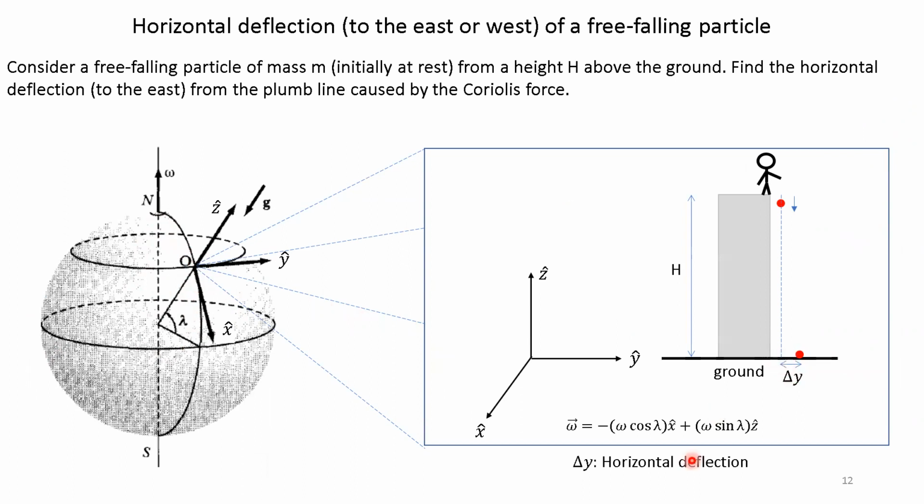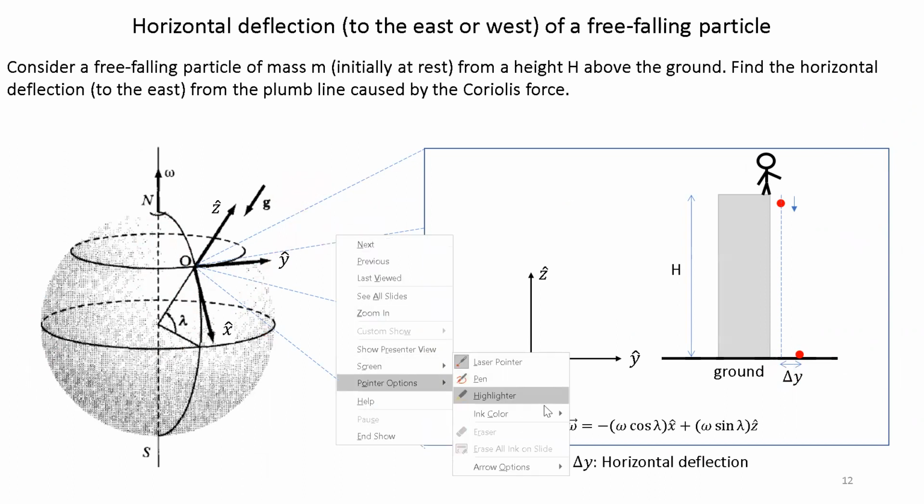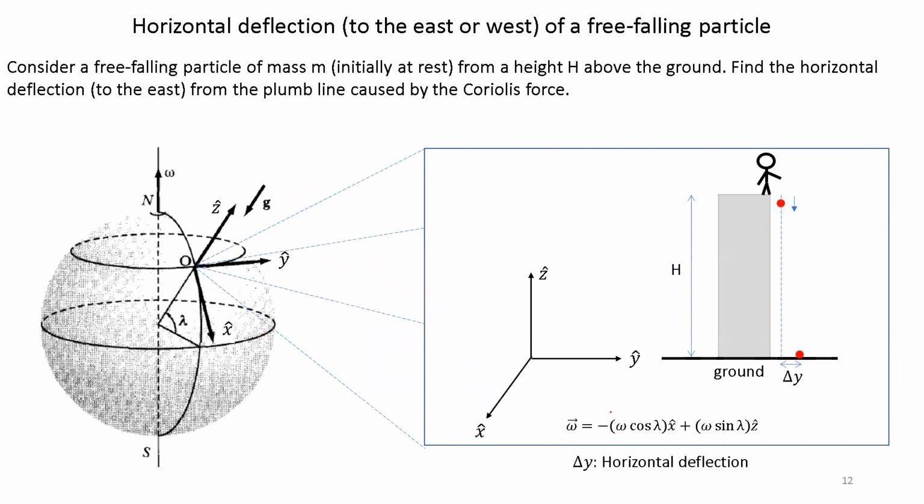What you can think of is the following. Let's say for simplicity that I'm doing this ball dropping experiment at the equator. This is the building, and then I drop the ball.